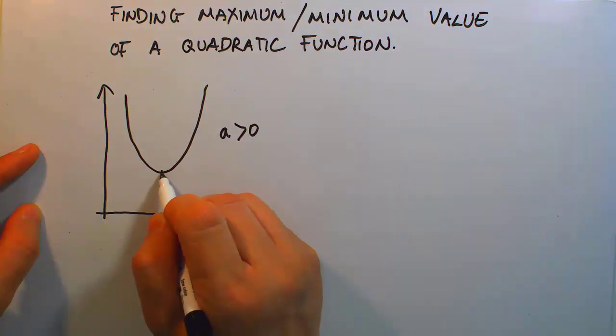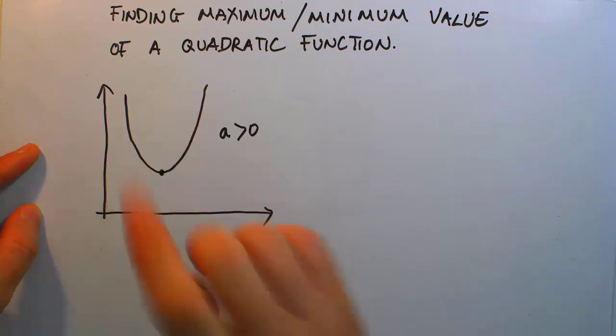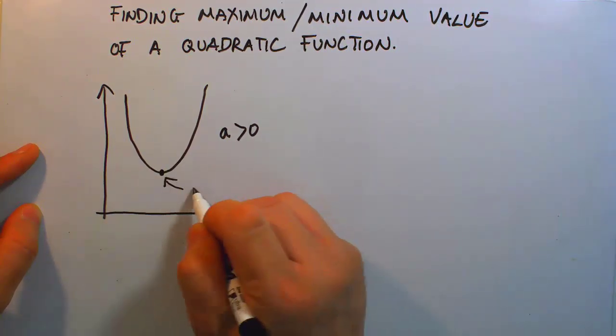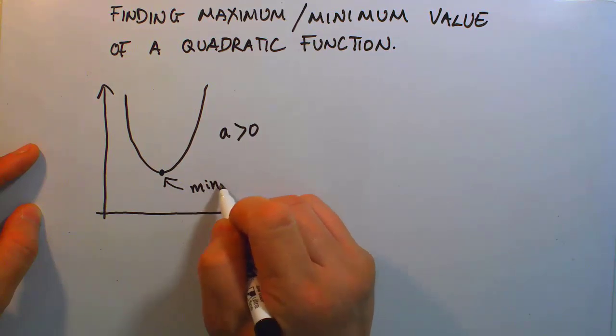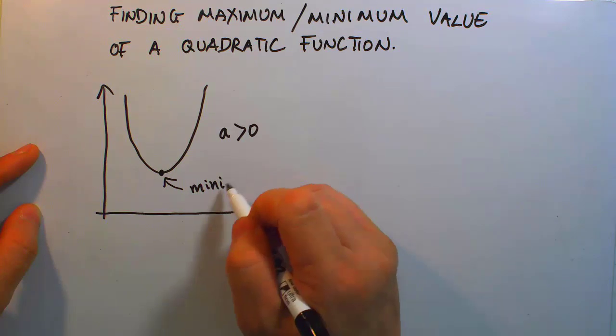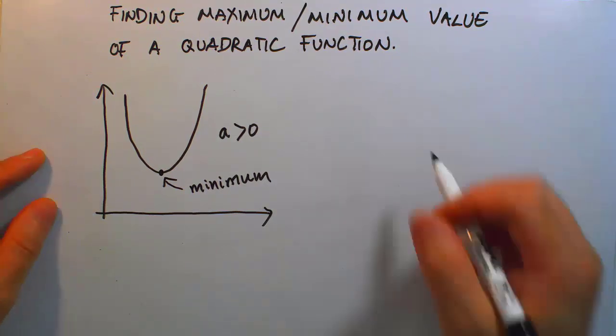And so consequently, when that cup shape is pointing up, then the vertex of the parabola becomes a minimum. In this type of problem, I am going to refer to the vertex as the minimum, the lowest point on the graph.